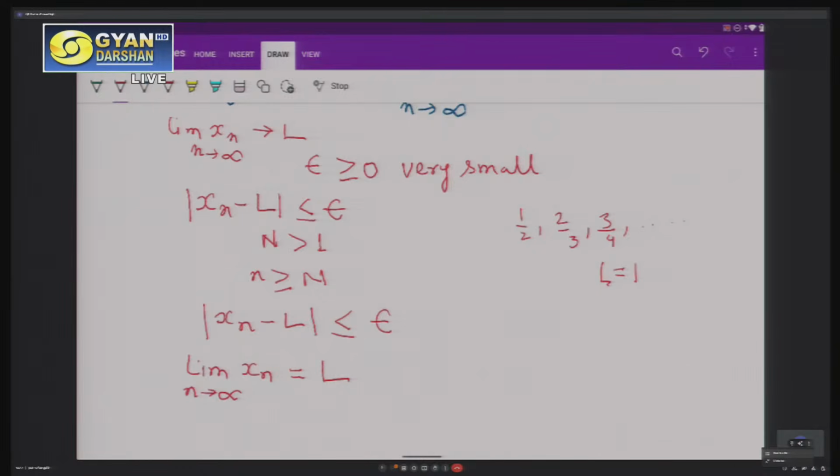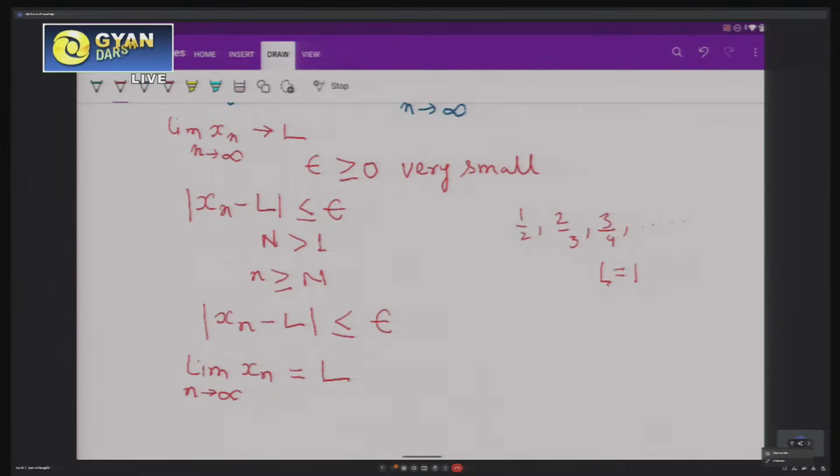As it goes on increasing, the difference between the nth term and the limiting value L becomes smaller and smaller, and we can take whatever small value of epsilon, only that accordingly N will be adjusted, N will increase. After so many terms, a situation will come that after that value of n, whatever xn we take, the difference xn minus L will be less than or equal to epsilon. So this is the proper definition of the limit.